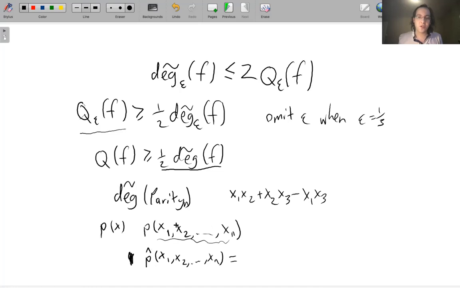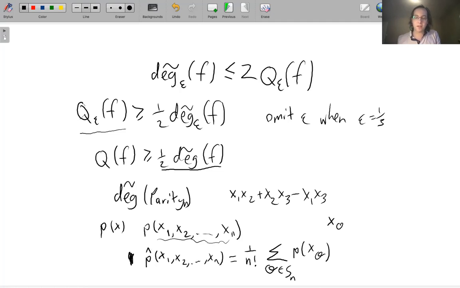So we're going to shuffle the input bits at random, apply p to that, and just take the average of what we get. So this ends up being 1 over n factorial, sum over sigma in Sn, where sigma is a permutation, and Sn is the set of all permutations on n elements, of p of x sigma, where x sigma is the string that we permuted by sigma.